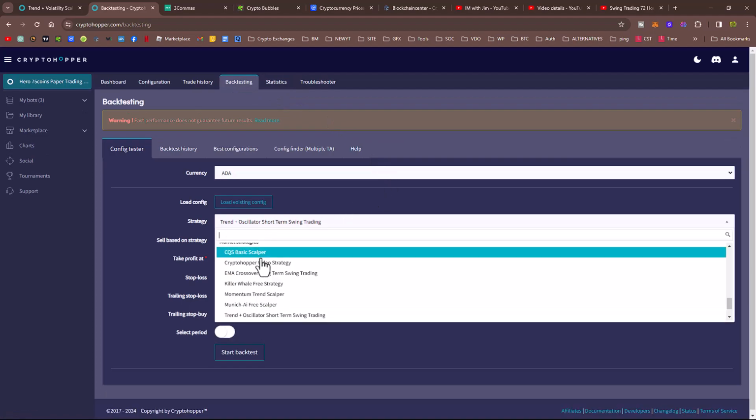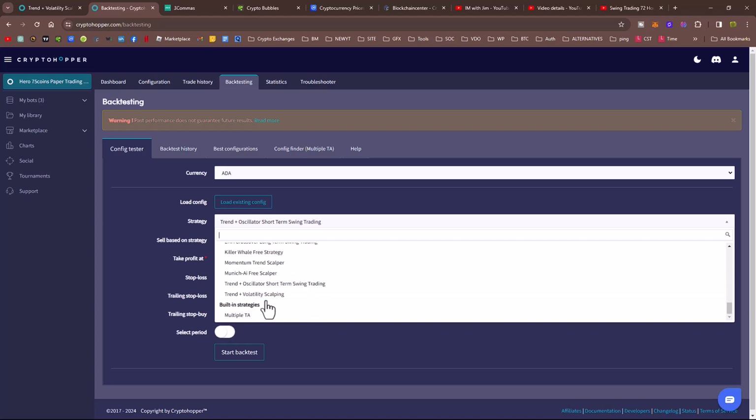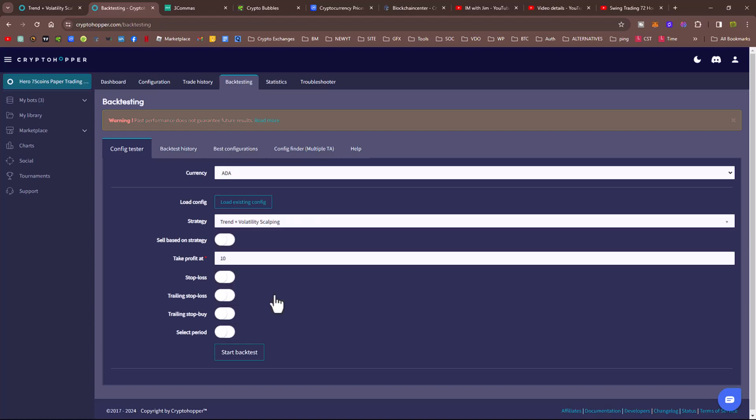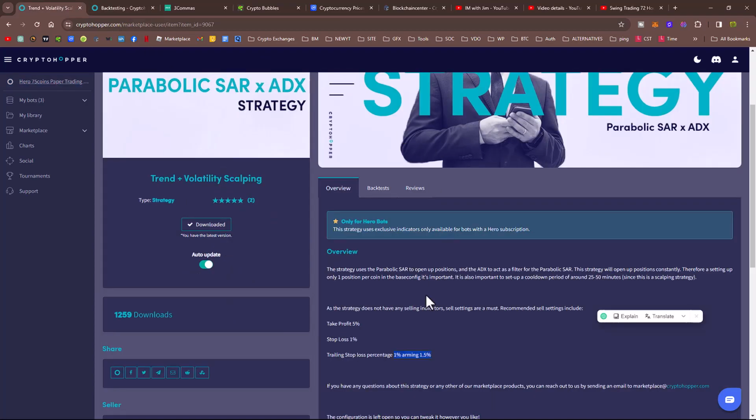Choose the strategy. Where is it? There it is. Alright, this time just going to go for the last 3 weeks. Now, obviously the last 3 weeks have been more bullish than the whole of January, so it is going to do better just based on that. Alright. Take profit, what was it? 5%. Let's have a look.